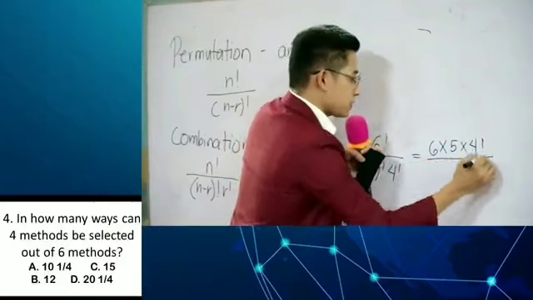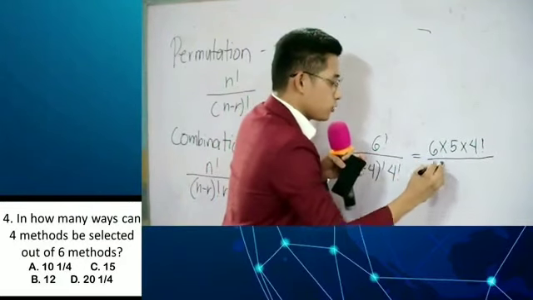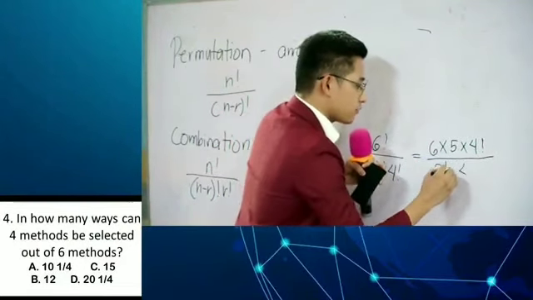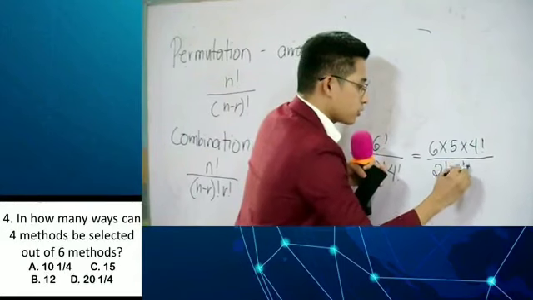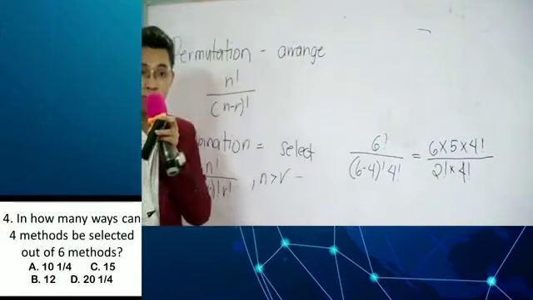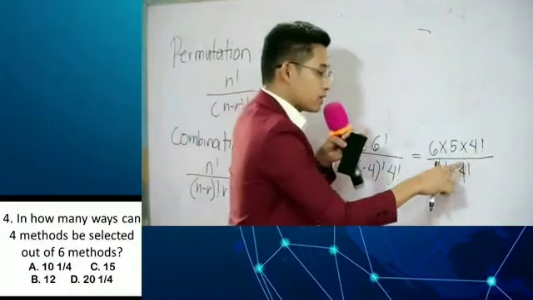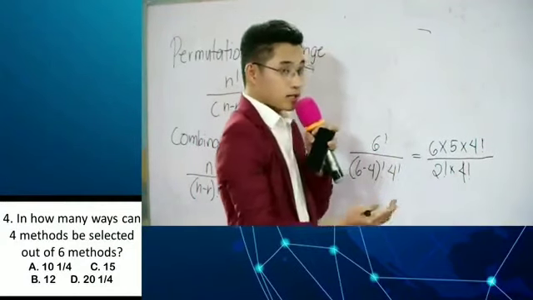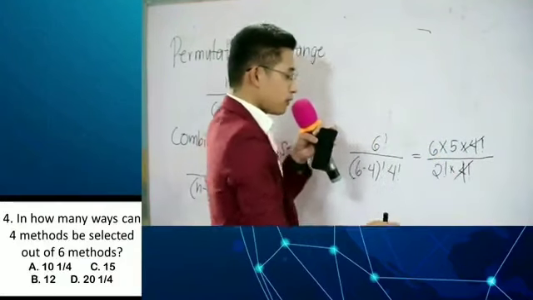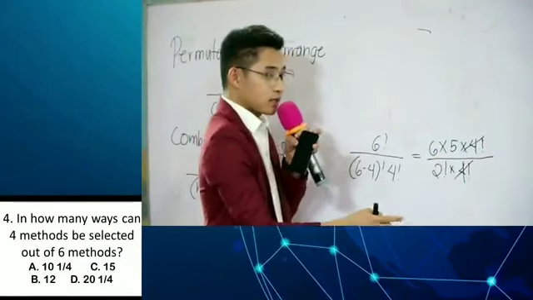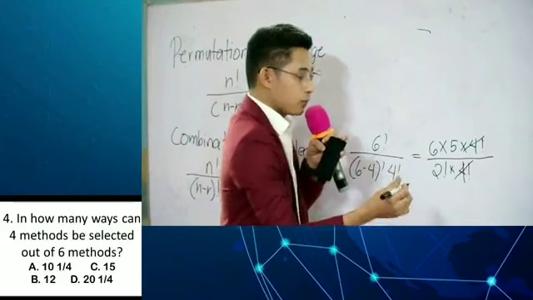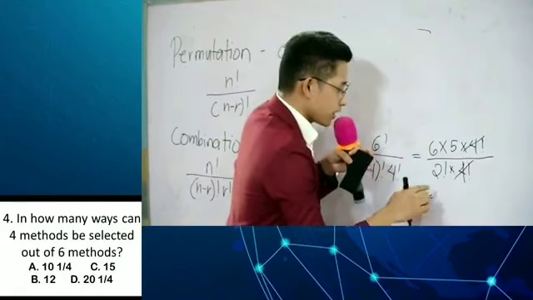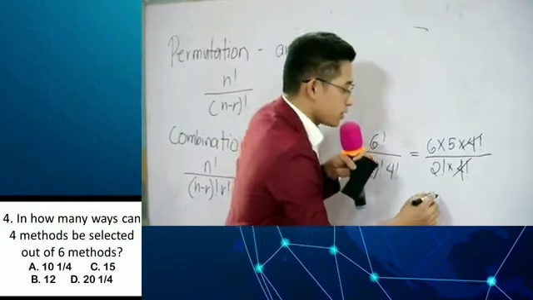So, 6 minus 4 is 2 factorial times 4 factorial. Bakit tayo nag-stop kay 4 factorial kanina? Because we can cancel this. Because when you divide 4 factorial by 4 factorial, that is 1. And 2 factorial is 2 times 1, which is 2.